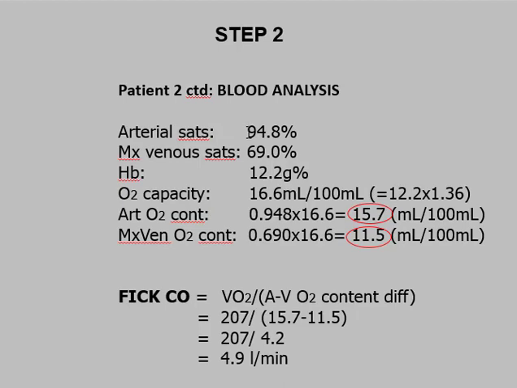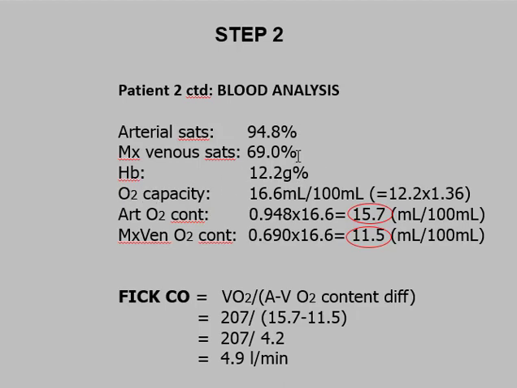We can do our arterial saturation, and in this patient it was 94.8%. You'd expect it for a normal patient to be about 95 to 98%. Your mixed venous saturation, your pulmonary artery, in his case, was 69%. His hemoglobin was 12.2 gram percent.